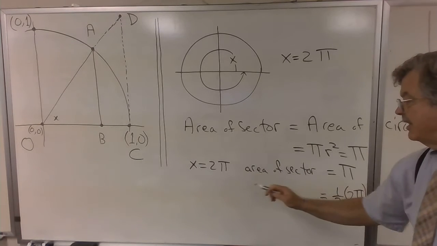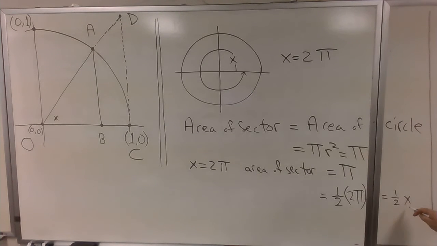So x is 2 pi, the area of the sector is 1/2 x. Well, that's just one example.